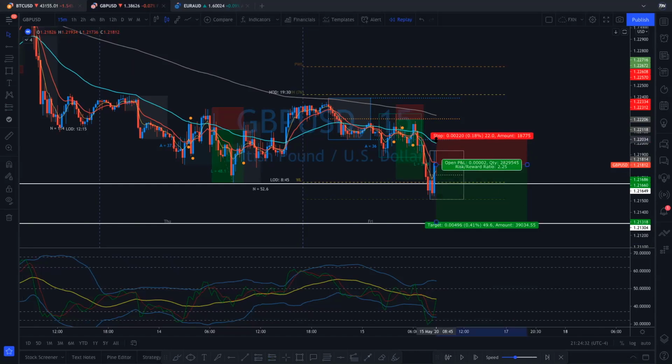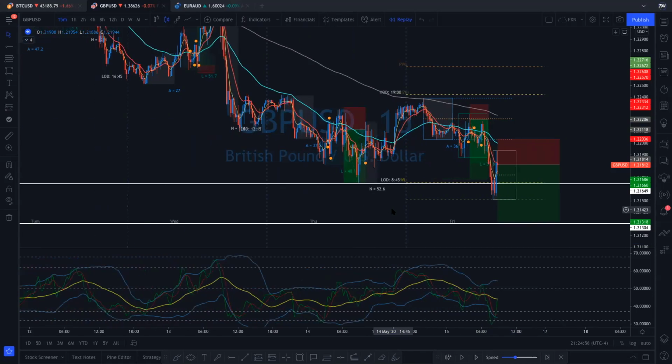You've got to put it above the 50 so you can act it as rolling resistance to help block it. But you're risking 22 pips and hoping to get 49 on a Friday in the U.S. session. You know what I mean? It is asking a lot.